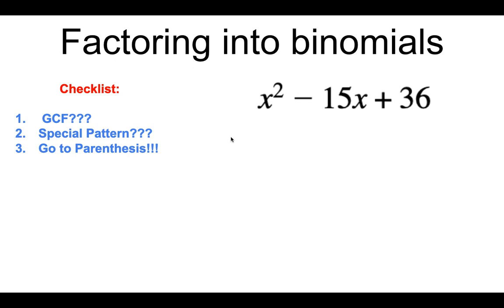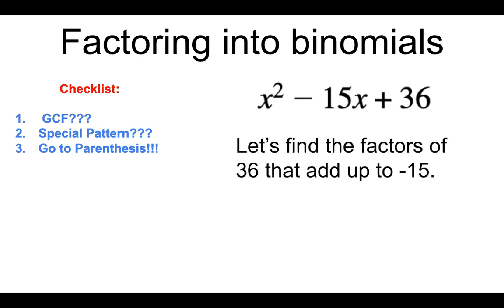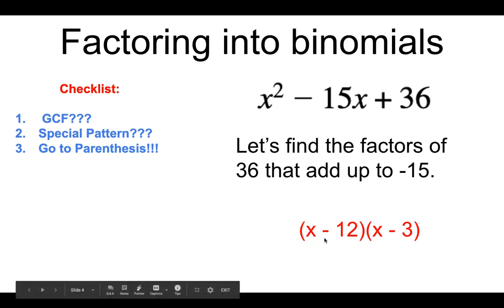This is a little bit more challenging, but I'm hoping everyone is thinking that negative 12 times negative 3 gives us a positive 36, and a negative 12 plus a negative 3 gives us a negative 15, and that's true. And there you have it. Here are the factors right down here. X minus 12, x minus 3. This is the first time we've had factors that have two subtraction signs. That's all right. It still works. If you FOILed this, you would get back to this original trinomial.